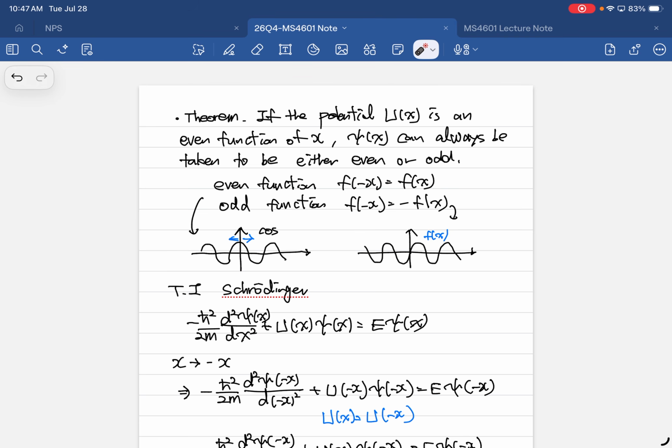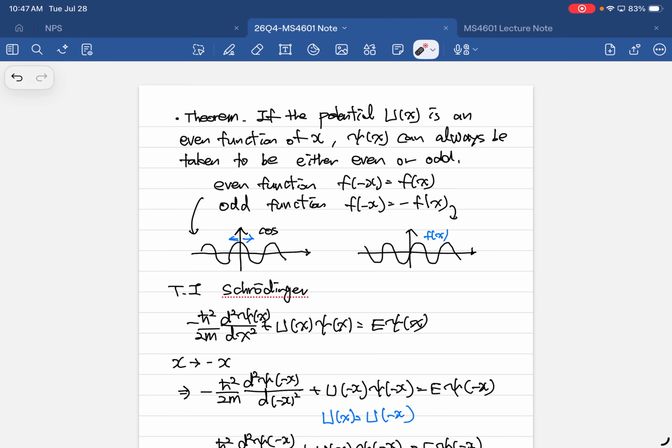An odd function satisfies f of minus x equals minus f of x. A sine function is an example, symmetrical around the origin. That is the definition of even and odd functions.